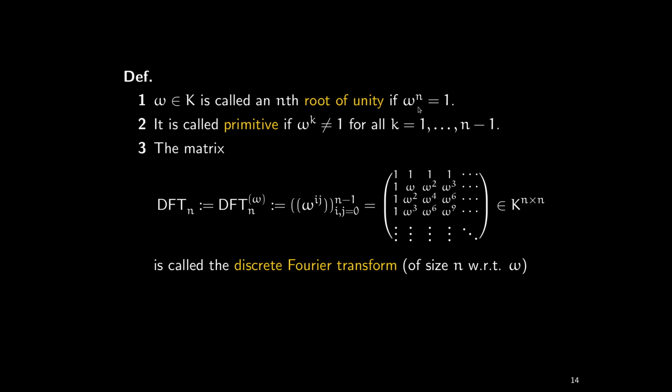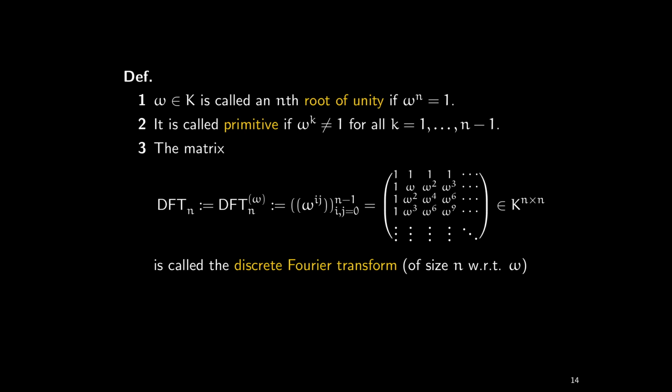Of course, if you have an nth root of unity, then it is also a 2nth root of unity, because if you square 1, you get 1, and if you square omega to the n, then you get omega to the 2n. So omega to the 2n is also 1. Or stated differently, if something is an nth root of unity, then it's also an mth root of unity whenever m is a multiple of n.